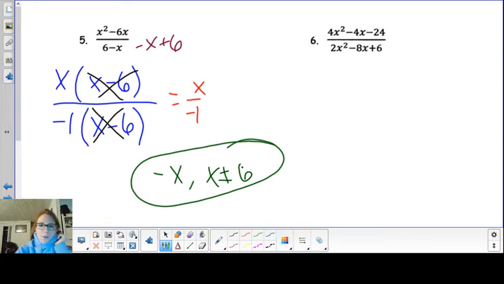Okay, this next one's a little trickier. What we see is we have numbers in front of my x's, my x squareds. So my first thought is, can I divide everything by that initial front number? If so, I'm going to start by dividing that first. So on the top, can I take out a 4 from everything?